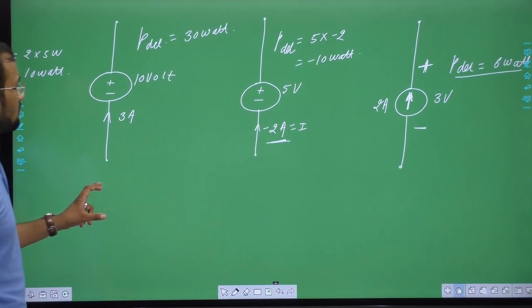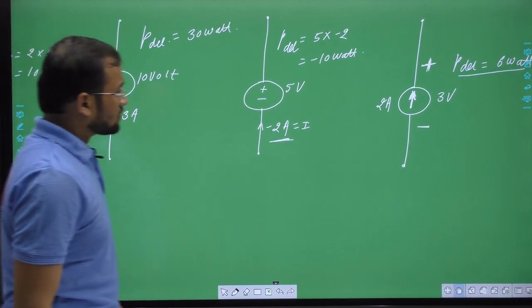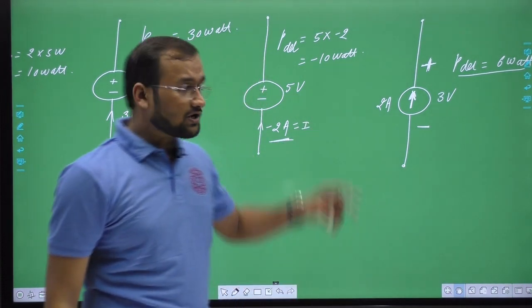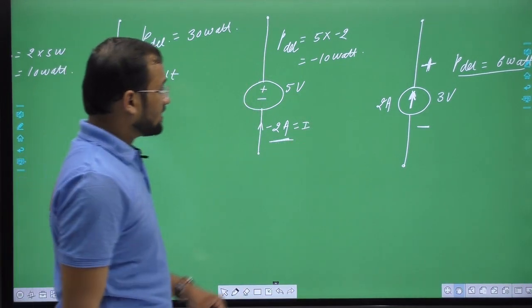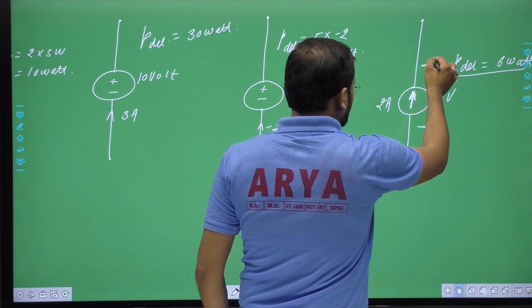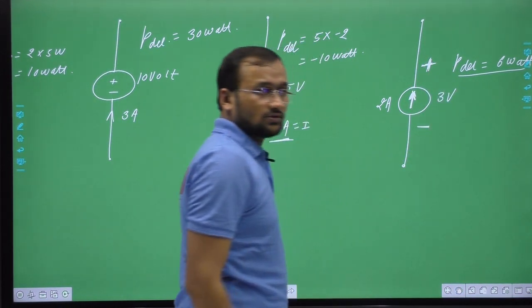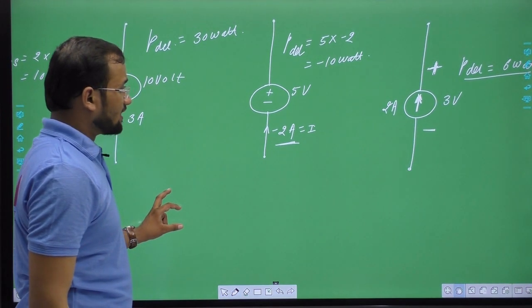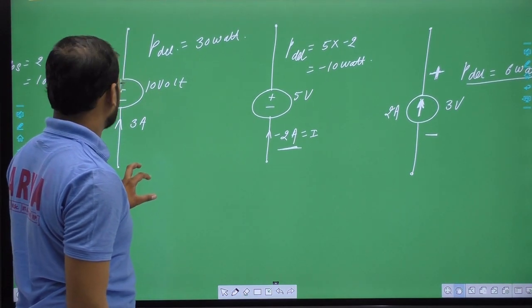So the source may be a voltage source or a current source, because a current source also has a voltage across it. You can't say the voltage across a current source is 0. Every element has a voltage across it.